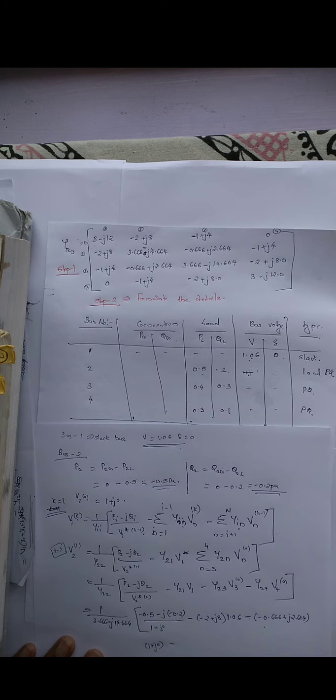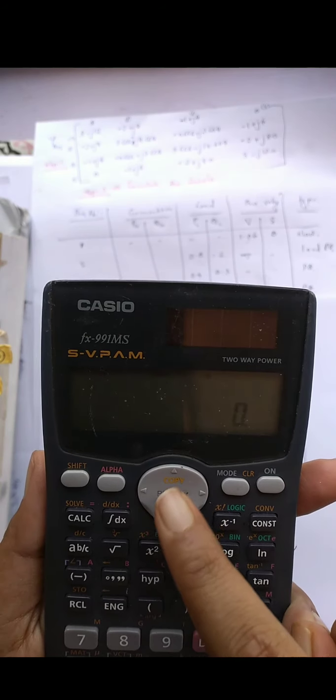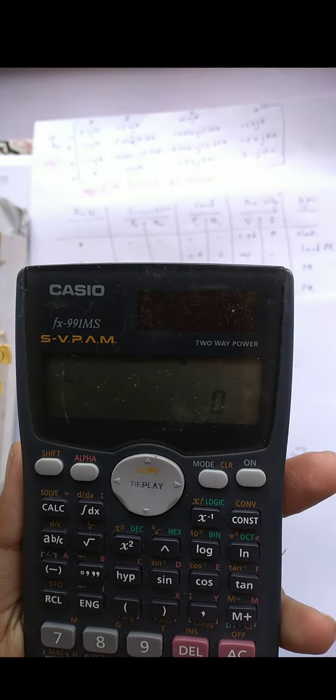Y24 is minus 1 plus j4, minus 1 plus j4 into 1 plus j0. So this is the equation we have got, and we have to do it in the calculator. While doing it in the calculator, the value is 0.5. Sorry, the value was minus 0.5.